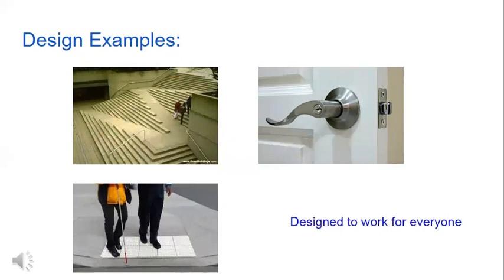Secondly, the ramp serves a couple different purposes. One obvious purpose would be for a wheelchair to access the building, but there are other reasons for this ramp. Maybe you're a parent with a child in a stroller. Maybe you have a small child who can't negotiate the stairs. Maybe you have an injury or you're using crutches. Or maybe you're a senior adult who tires easily on stairs and prefers a ramp.